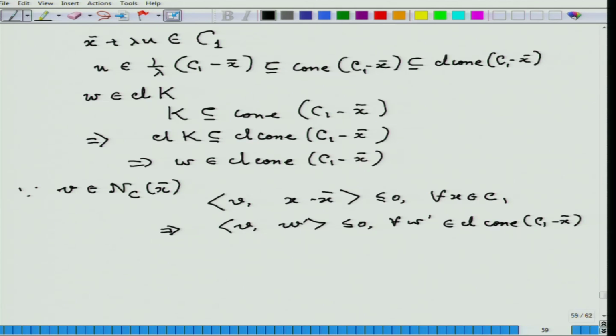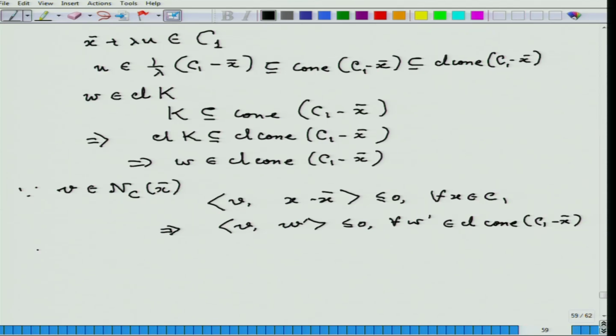It is natural because you multiply by some lambda, so that will be in the cone of C1 minus x bar, and you take the closure of it, that is, you take an element of the closure. So, elements of the form lambda n times (x n minus x bar) would be going to that point. Once you pass on to the limit, you will get this expression.